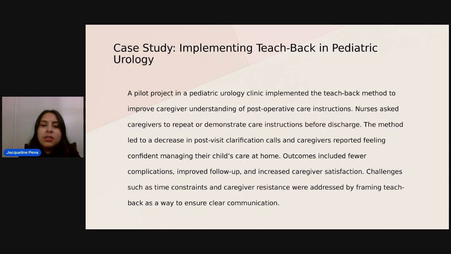The method led to a decrease in post-visit clarification calls, and caregivers reported feeling confident managing their child's care at home. Outcomes included fewer complications, improved follow-up, and increased caregiver satisfaction. Challenges such as time constraints and caregiver resistance were addressed by framing teach back as a way to ensure clearer communication.